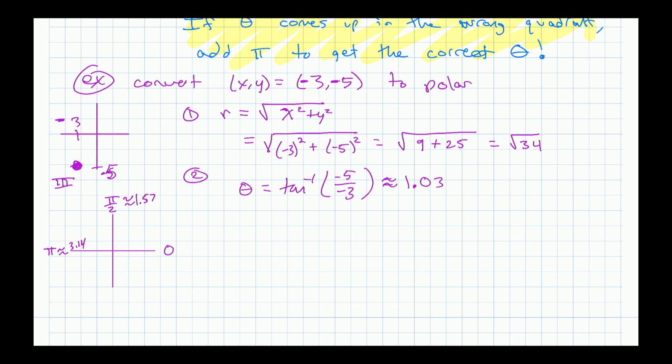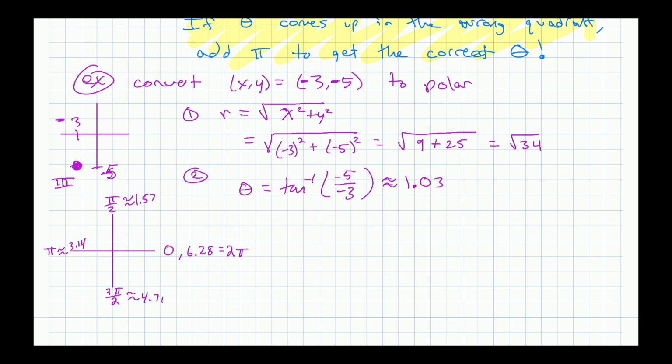And then, and so on. Down here, you got 3 pi over 2, which I don't know how big that is, but we can figure it out. 4.71. Okay. And then, this would be like 6.28 or something. 2 pi.